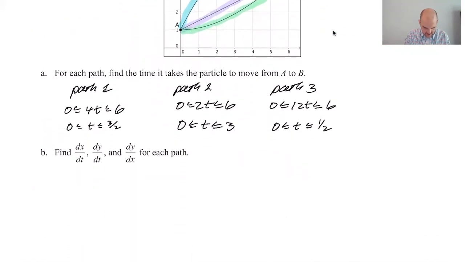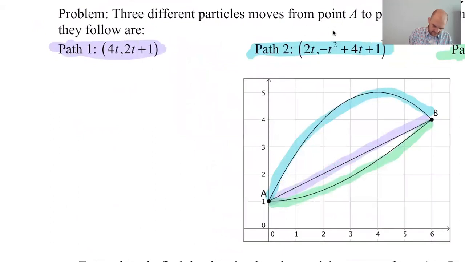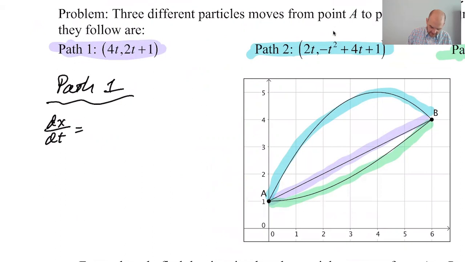Find dx dt, dy dt, dy dx for each path. Super great. Okay. So I'm going to do the work here and then move it down. So path 1. dx dt. You should really find dy dt first. dx dt is 4. dy dt is 2.